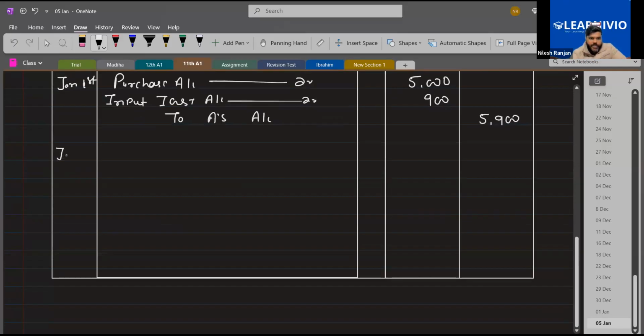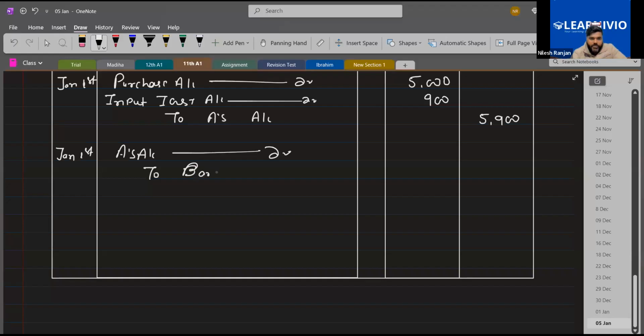Then on the same date, we have given check and bill to A. So A is the receiver, A account debit to bank account 900 and to bills payable for B. So bills payable account. Total amount payable was 5,900. So 900 through check and 5,000 from bill.